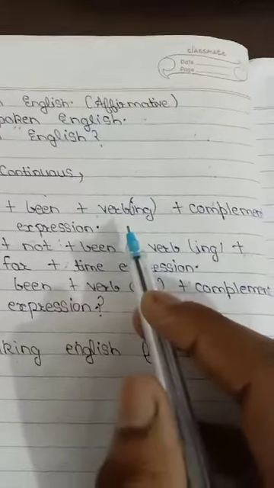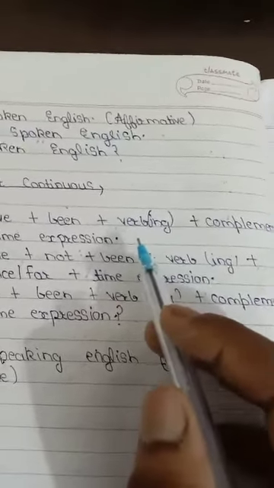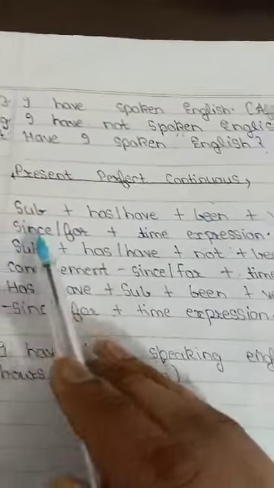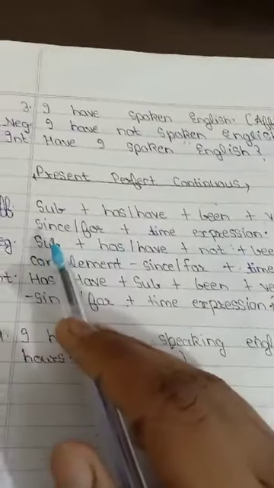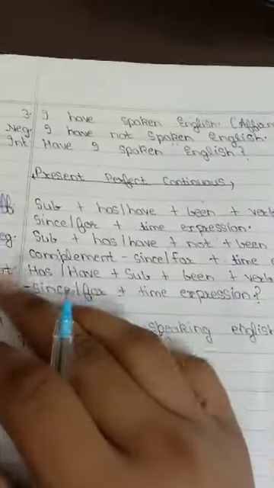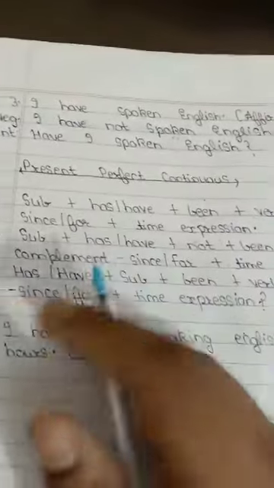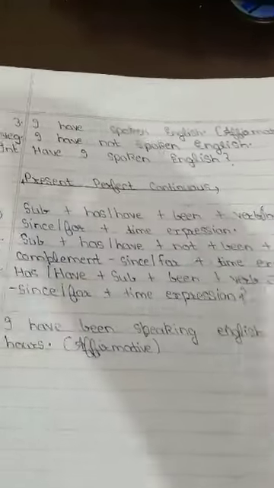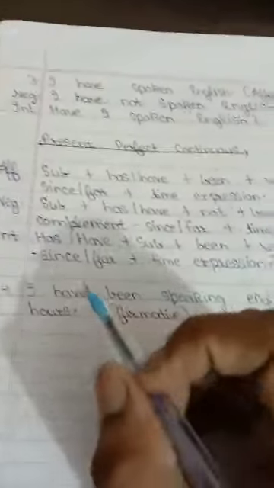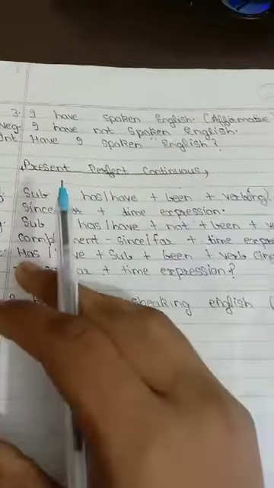So verb with ing, complement, with since or for plus time expression. Since is used for a point of time, where the time is definite, and for is used for a period of time, where the time is indefinite. Example: since 2010.